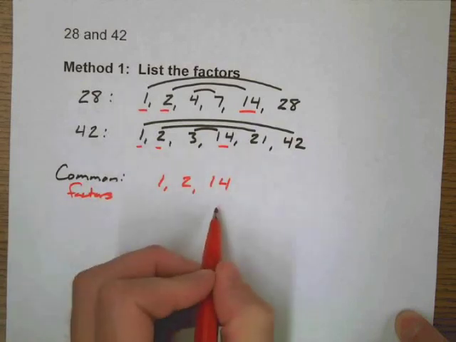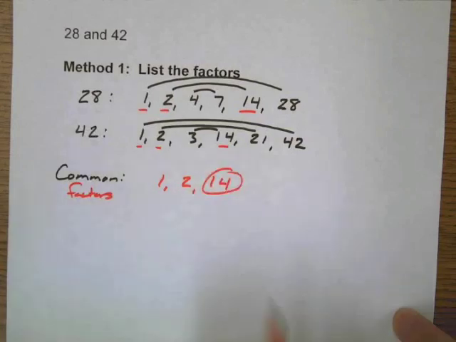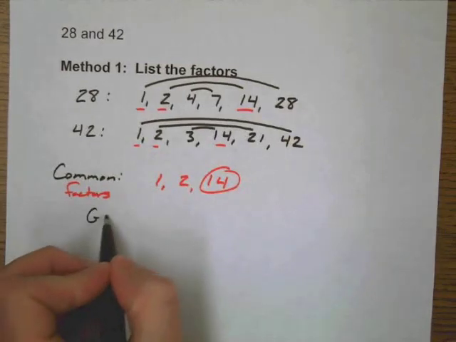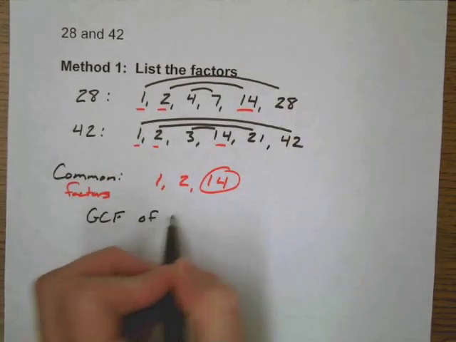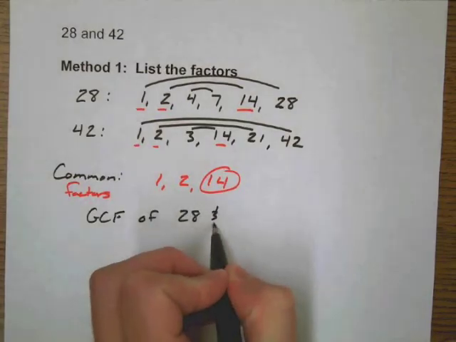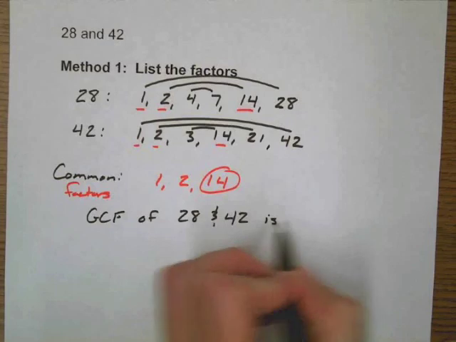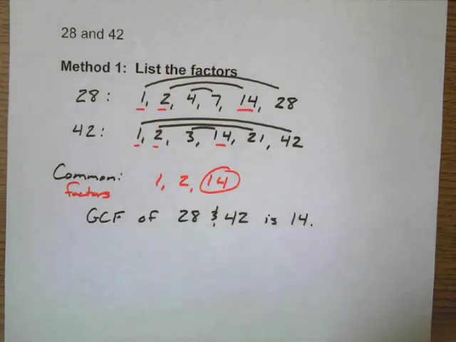And the largest of those, or the greatest of those, is 14. So I can say that the greatest common factor, or the GCF, of 28 and 42 is 14.